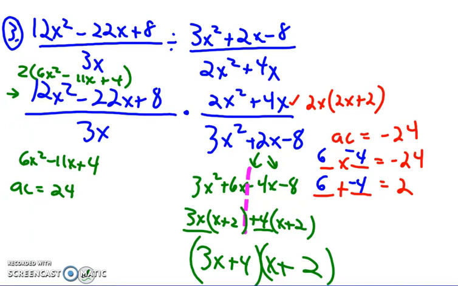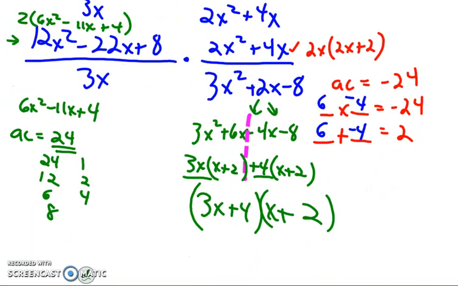So if you have trouble finding your multiples of 24 or trouble finding those two numbers, just list all your multiples of 24. 24 times 1, 12 times 2, and then we got 6 and 4. Sometimes 8 and 3 is the guy that's not so obvious, right? But if I'm going to get positive 24 and a negative 11, it's got to be those two numbers.